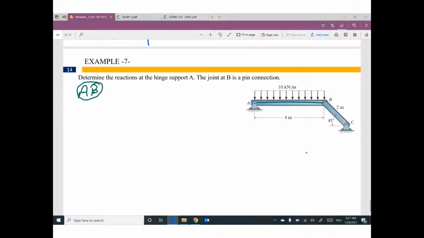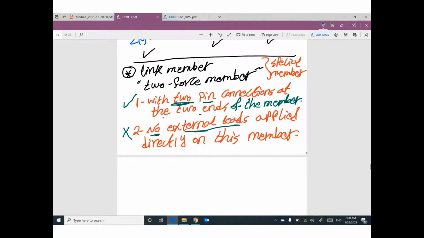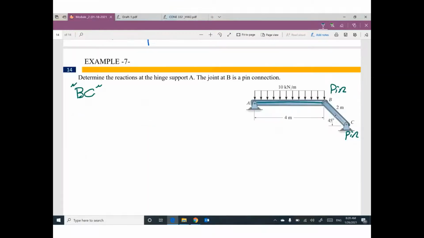Okay, what do you think about member BC? Let's try member BC. Do you have pin here? Yes. Do you have pin here? Yes. So member BC has two pin connections at the two ends of the member. The first condition is okay. The second condition, do you have any external load directly applied on this member?